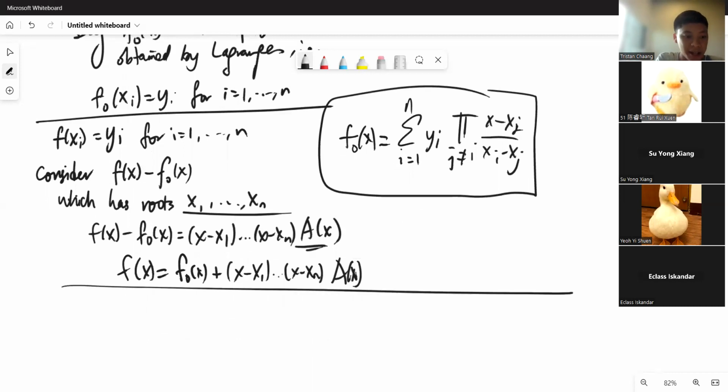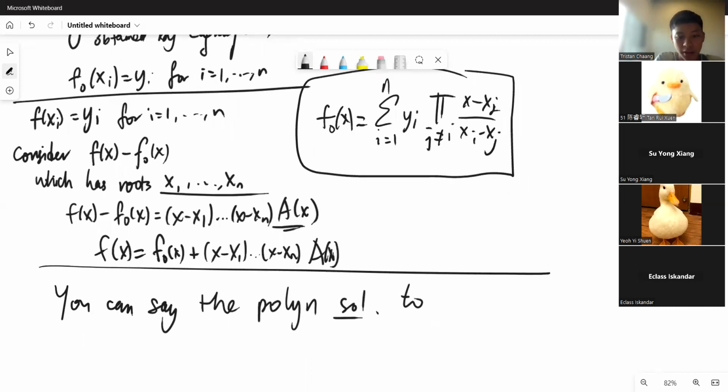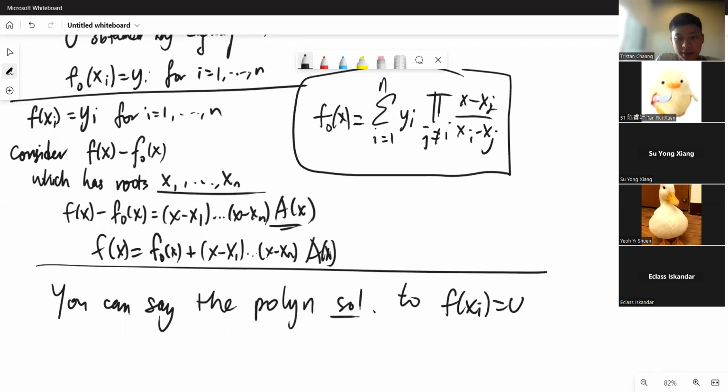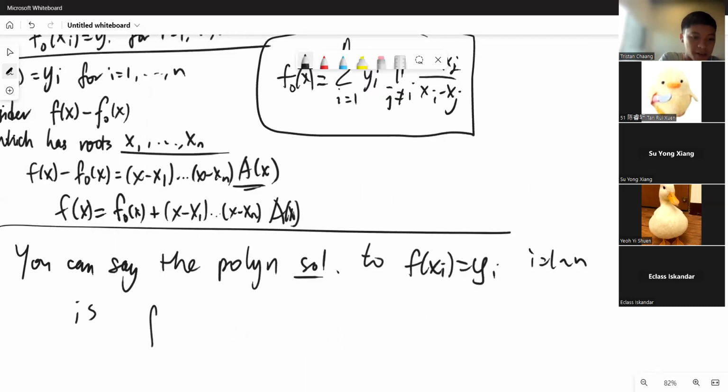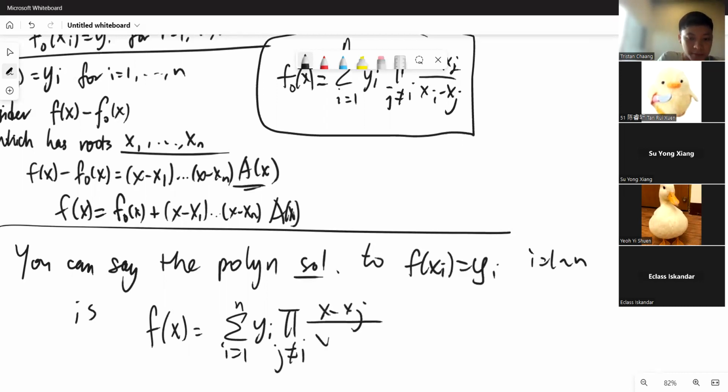So the polynomial solutions to f(xi) equals yi, where i equals 1 to n, is f(x) equals f naught x plus (x minus x1)(x minus x2) and so on, times a polynomial, i equals 1 to n.